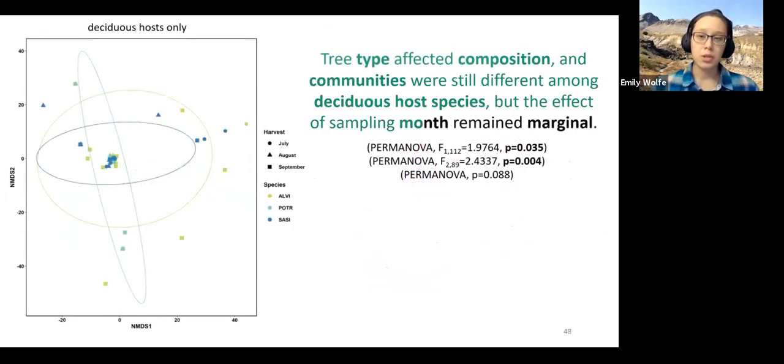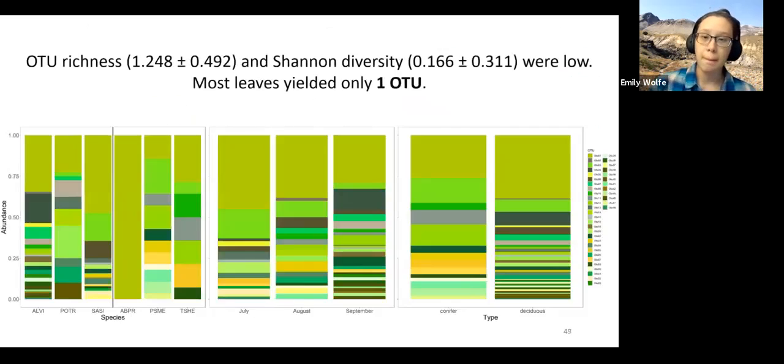Whether or not the trees were deciduous or coniferous also had an effect on community composition. Since deciduous species were more represented in our isolations, about 3/4 of them, I took a closer look at that group and found that host species still had a significant effect, but time only marginally mattered. You can see that p-value is still hovering around 0.08 down here.